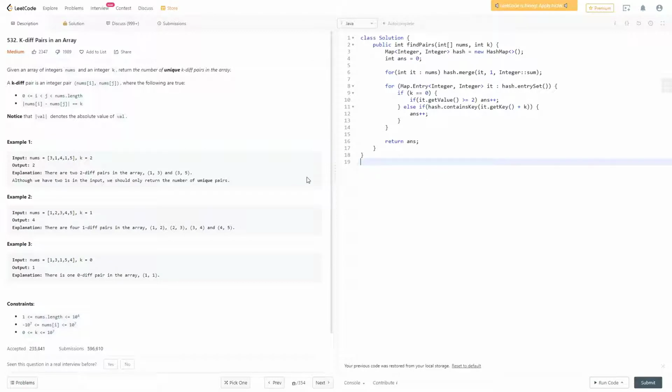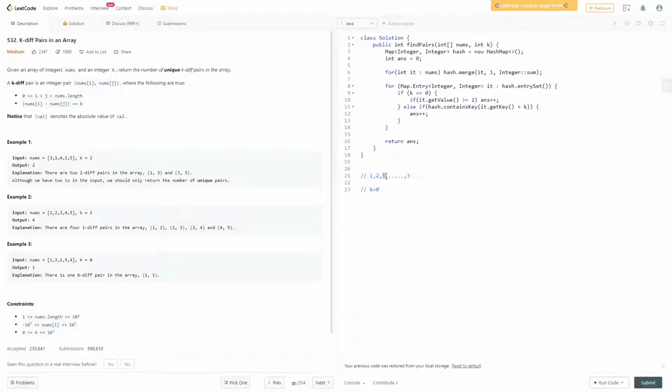So what I'm checking is whether that element's frequency is greater than or equal to 2. Suppose I have numbers 1, 2, 3, then a lot more numbers, then I have another 3. If k equals 0, then I need duplicate numbers, right?